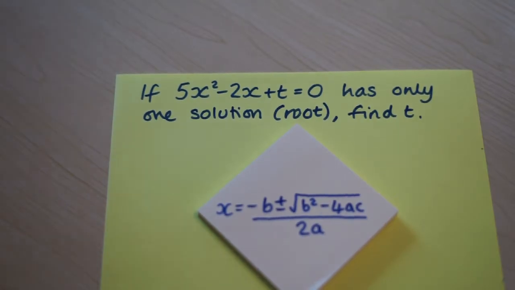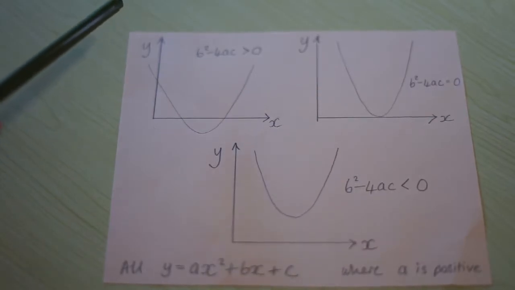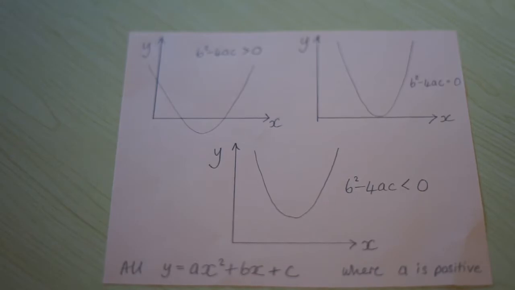Okay, let me bring on a graph to show what I mean. So if the discriminant is positive, greater than 0, then we can see this is the shape of the graph, and that would lead to two solutions or two roots.